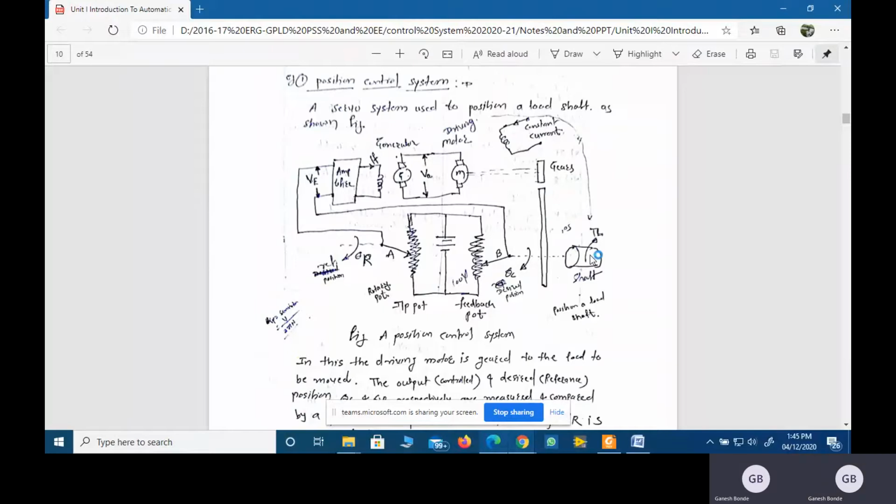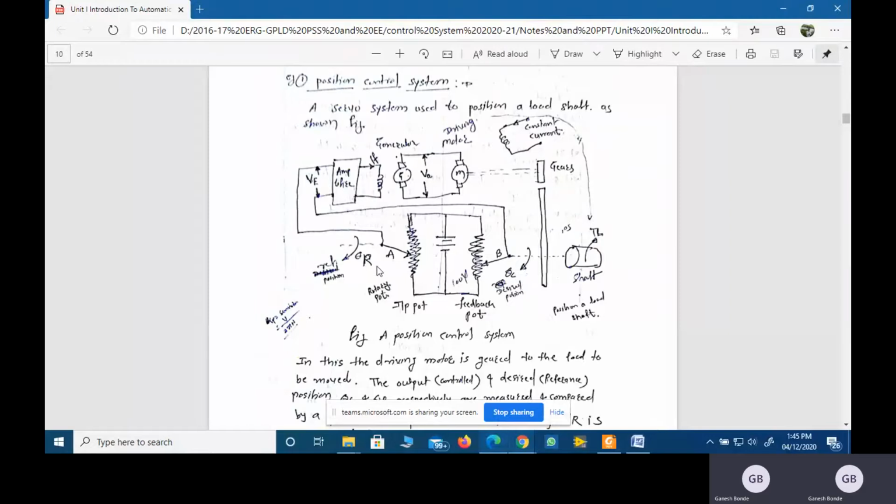In order to maintain the position of this shaft, we have used one pair of potentiometers. So potentiometer B and potentiometer A act as a reference. Corresponding to the reference, we get the angular displacement theta r, and with respect to the desired position, or we say the controlled actual position, we get the angular displacement theta c.